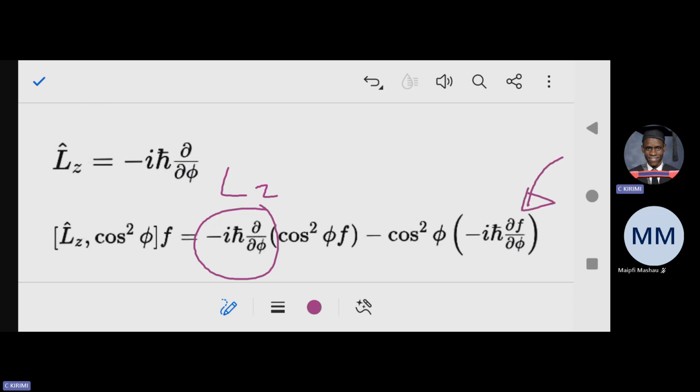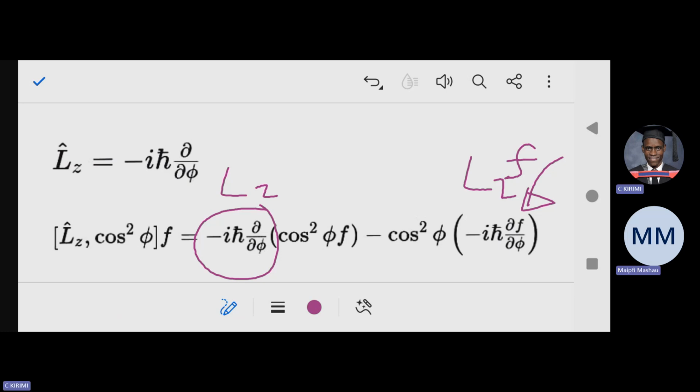Now the expression becomes like this: LZ of F, because F was always sitting there on the right. Any question? So you don't leave the F to be after that equation.